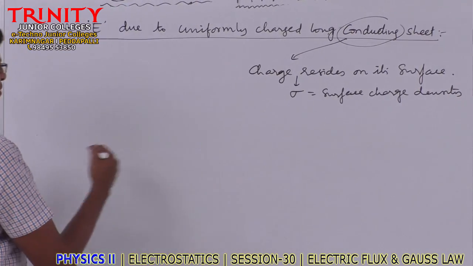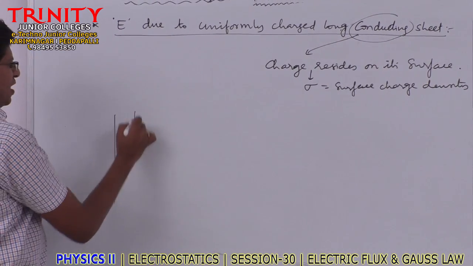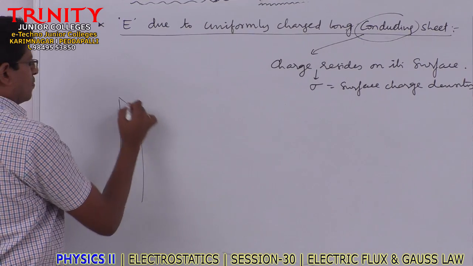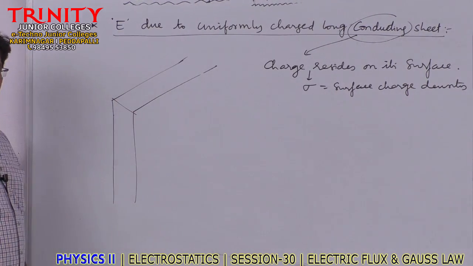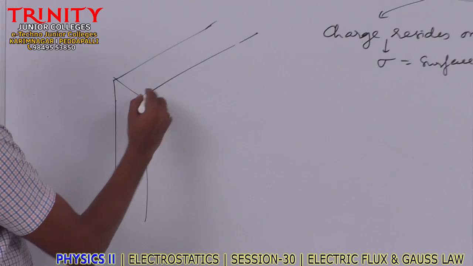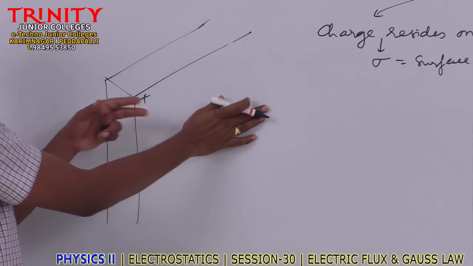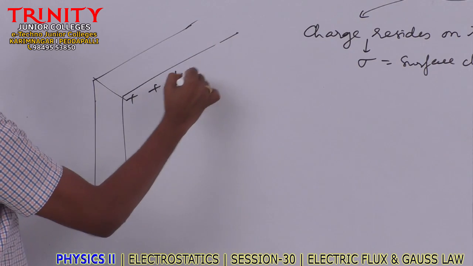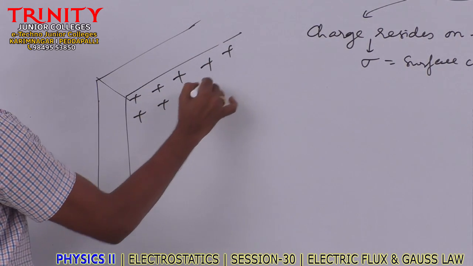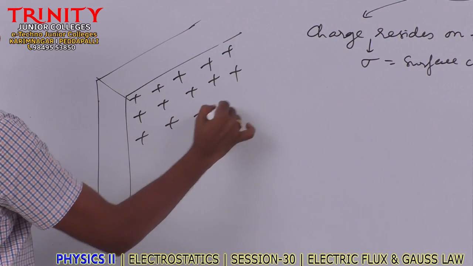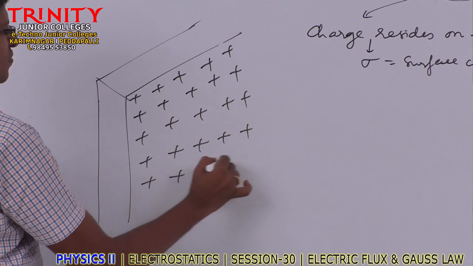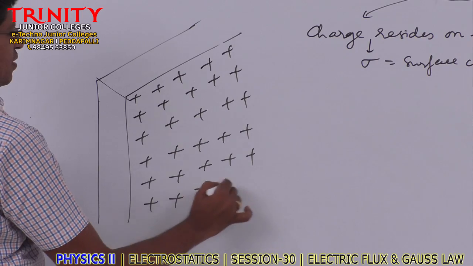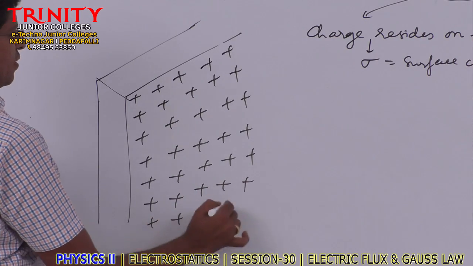And let me show the picture, imagination here. It will be like this, right? This is actually the body here. This is one surface. On the other side of the board, also the charge is spread. The charge is spread on its two surfaces. So let me write here clearly.